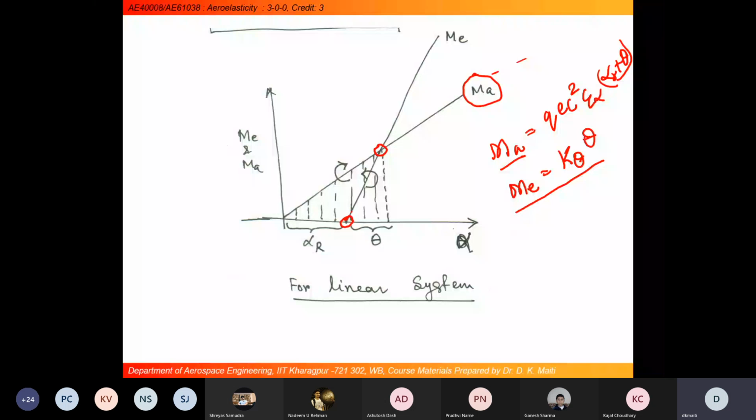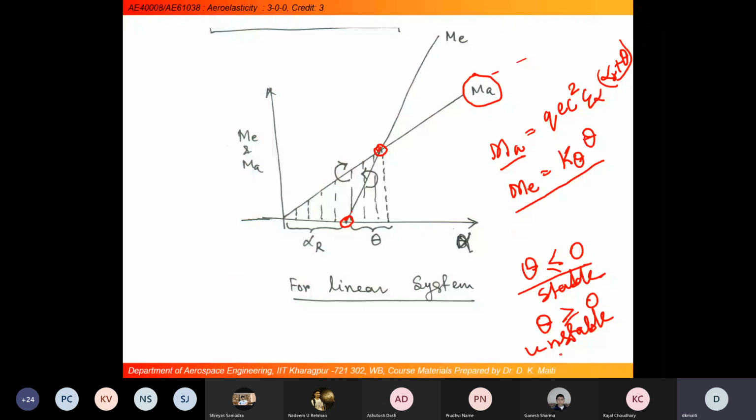Now I'm just showing you, suppose we are taking linear aerodynamics and a nonlinear spring model, then we will be getting something like this. So suppose we have considered alpha, in this case actually alpha equal to 0. Suppose we take the alpha value, sorry, this will be alpha.